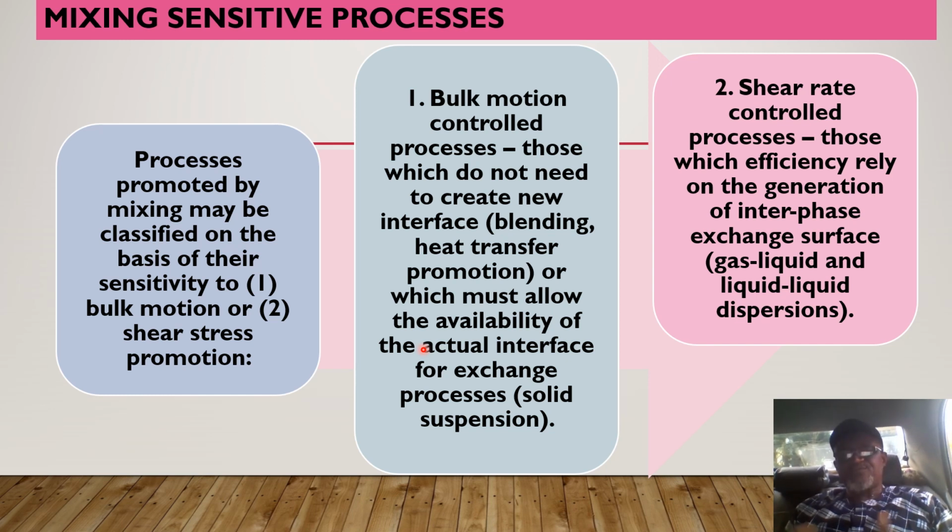Imagine, for example, some of these drugs taken by children, some of the syrup. When you keep them, you find out that when it settles, you have two layers. Now, when you shake, you are trying to mix both the upper layer and the lower layer.